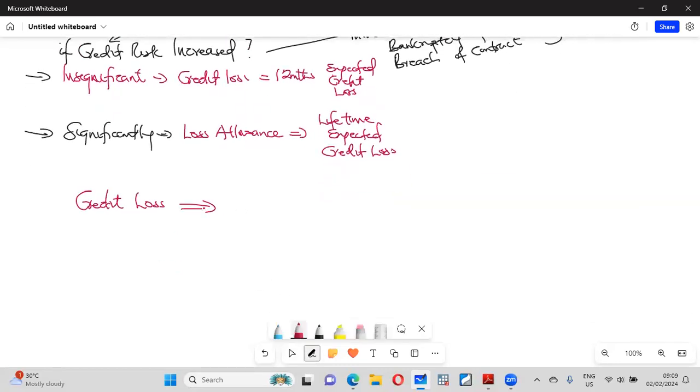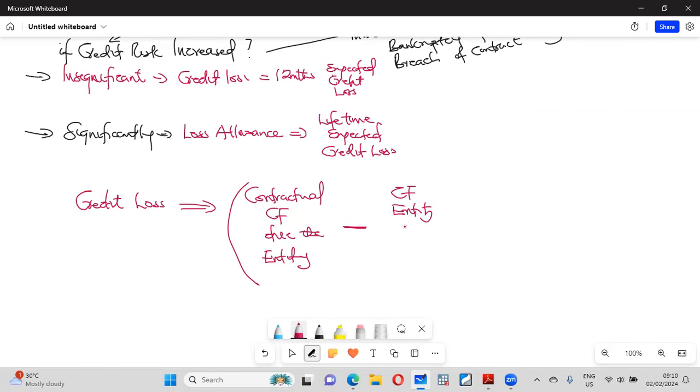So we say credit loss is equal to the contractual cash flows due the entity, those that the entity is entitled to, minus the cash flow the entity expects to receive.